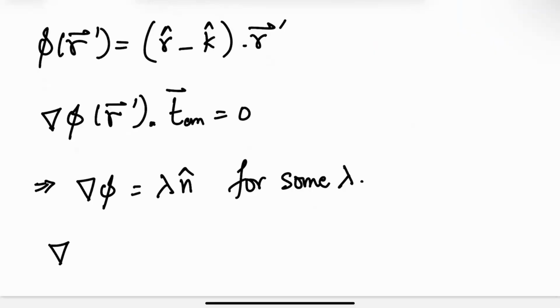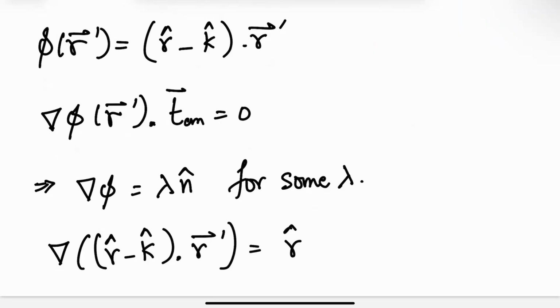Okay, so the gradient of r hat minus k hat dotted with r prime is actually nothing but r hat minus k hat, because this gradient is with respect to r prime. You can try this for yourself if you like.